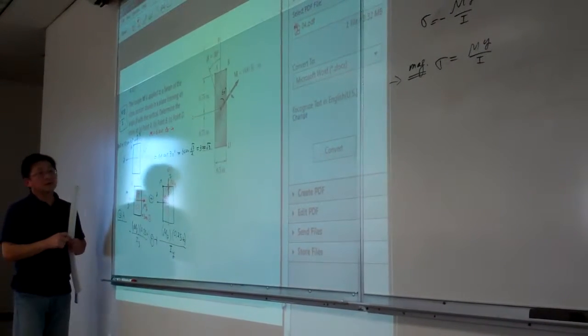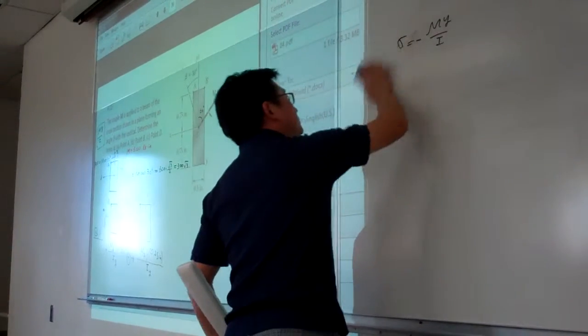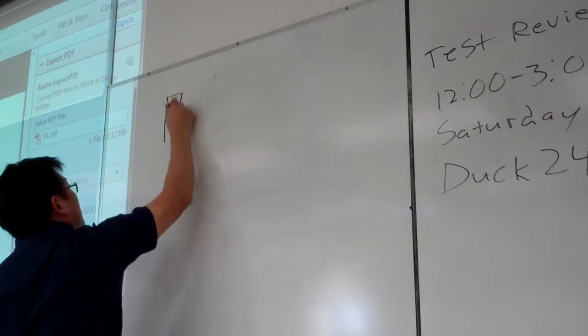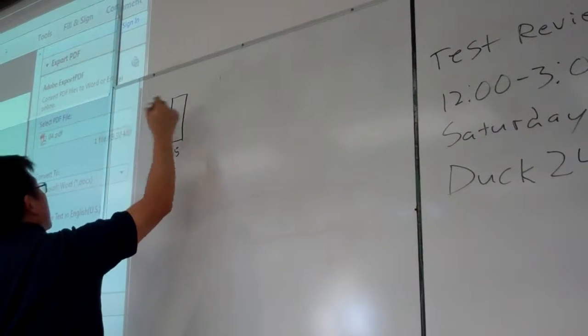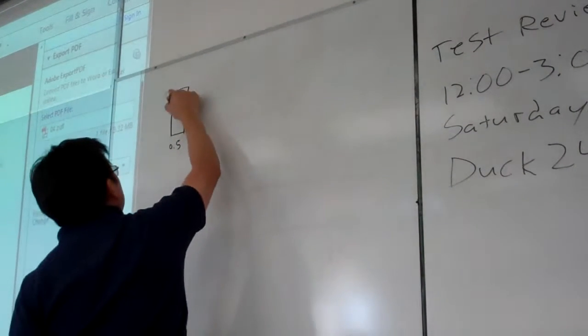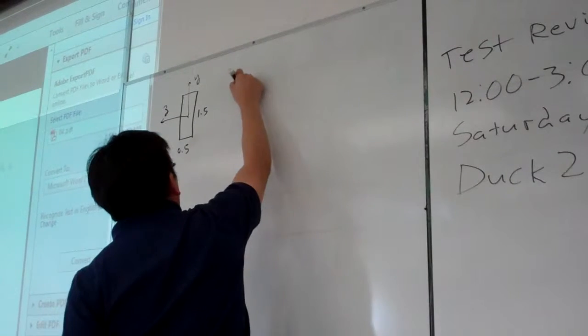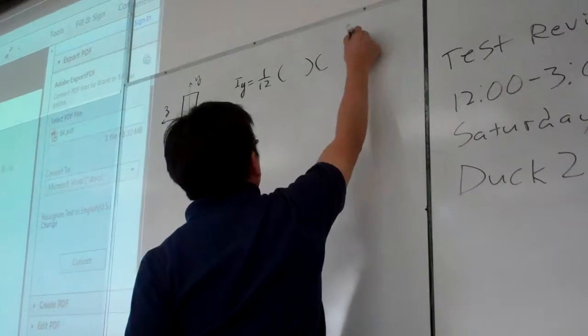So for this way, for sure, we can say A will be in tension before we do the calculation. Okay, and now we plug into the calculation and do this one carefully. So now we have this dimension here, and this is 0.5, and the height is 1.5. So this is y, this is z. So Iy is 1/12, and the two terms, and cube.